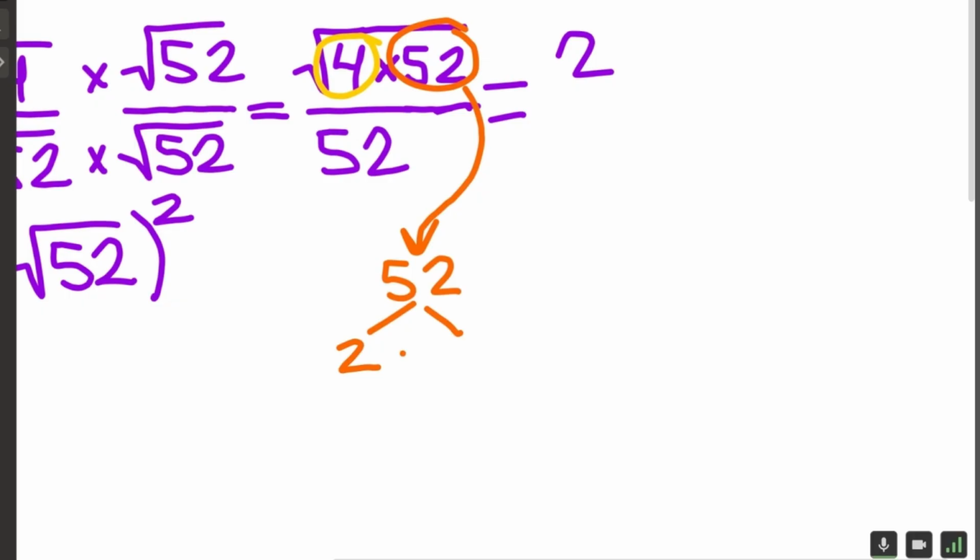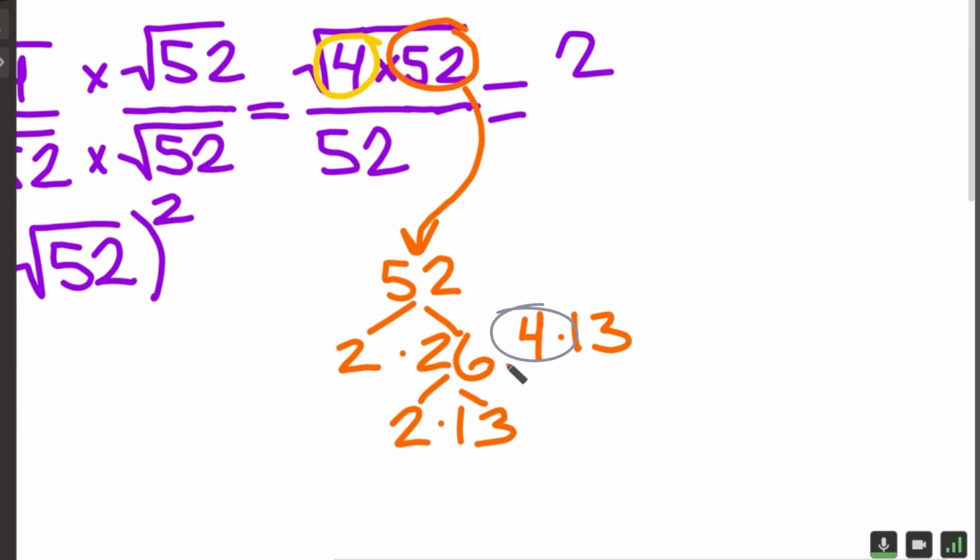That'd be 2 times 26. 2 is a prime number, so we can't go any further. What about 26? It's even, so 2 times 13. Prime, prime, prime. So 2 times 2 times 13. Well, 2 times 2 is 4, so really I got 4 times 13 in the square root of 52.